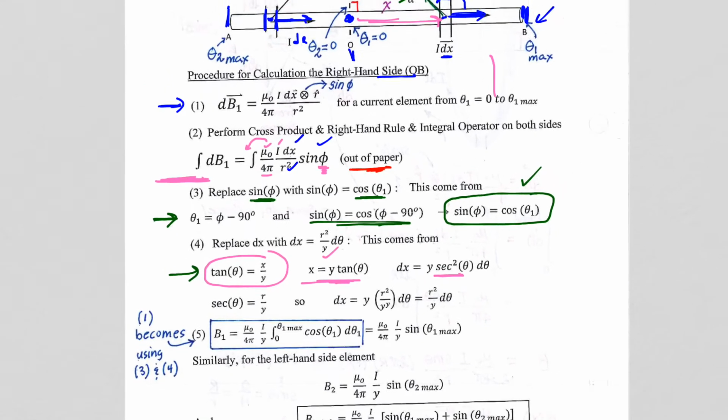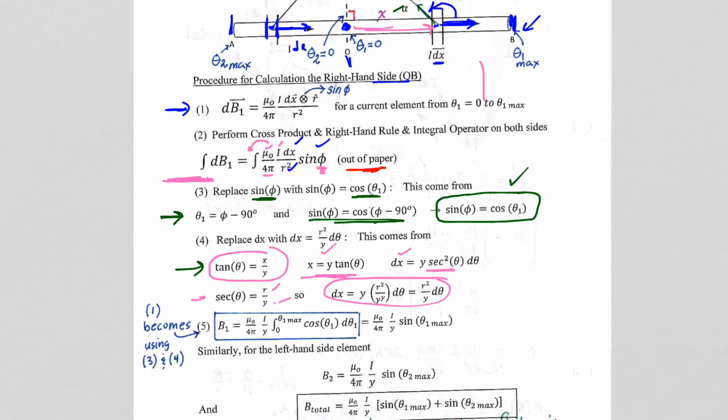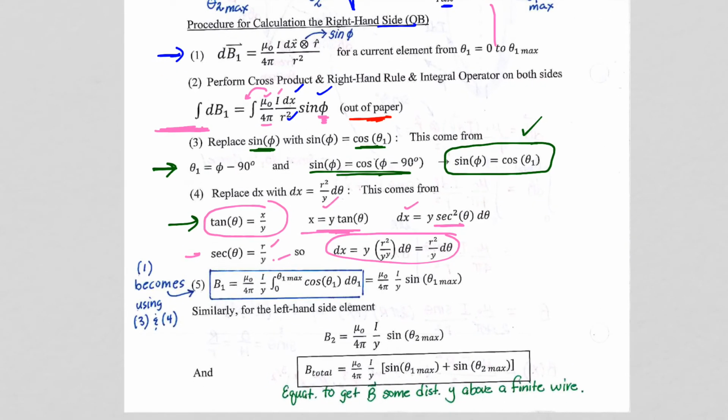So we are going to substitute that in, but before we do that, we're going to replace secant theta with r over y, so our dx becomes y r squared on y d theta. And now we get a lot of simplification, so that we are only integrating with respect to cosine theta.